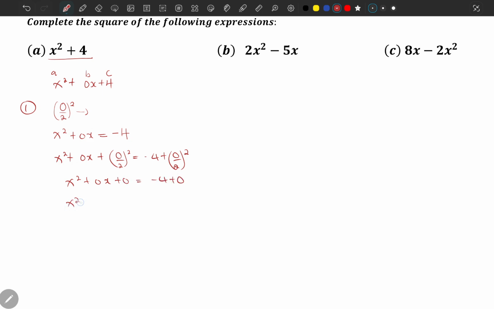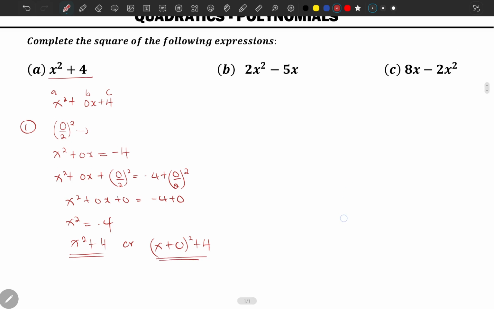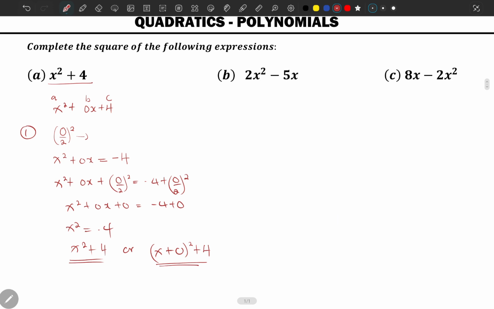So this is the final answer. Nothing is going to change. Or you can write this in the form x plus 0 squared plus 4, like the way I did at first.